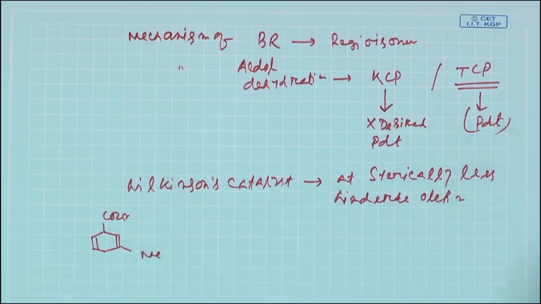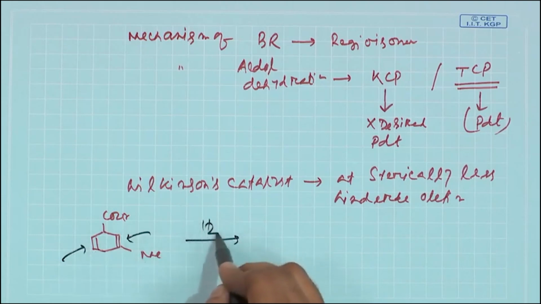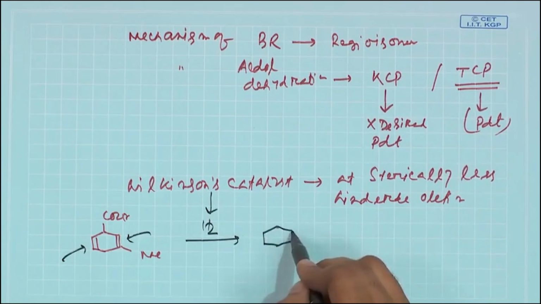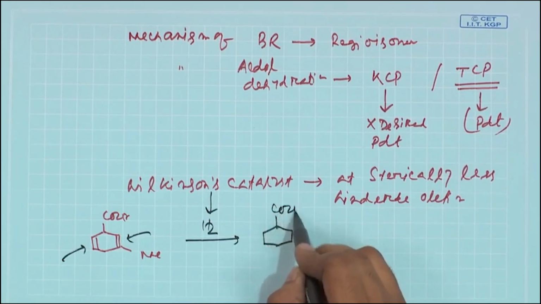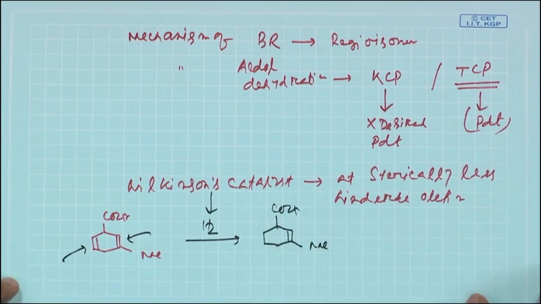So, there are two hydrogenation sites, and this one is sterically less hindered. So, this will be hydrogenated with this catalyst and basically you will get CO2Et and this double bond. Now, this double bond will undergo oxidative cleavage. Basically, a combination of reactions will help you design the entire pathway in a very efficient manner.